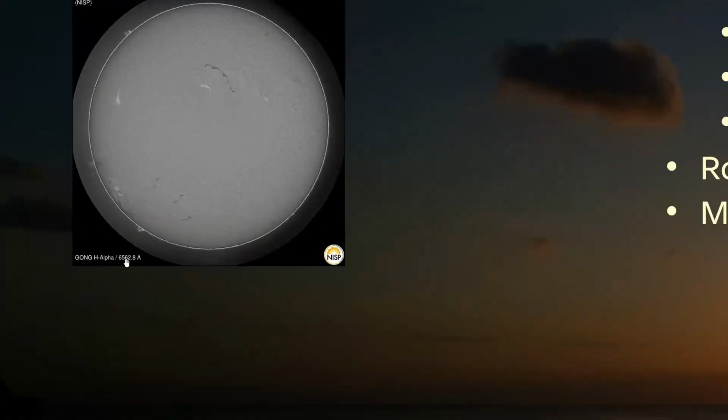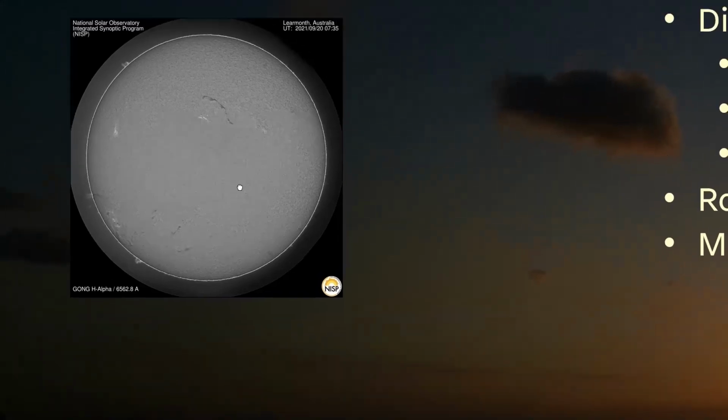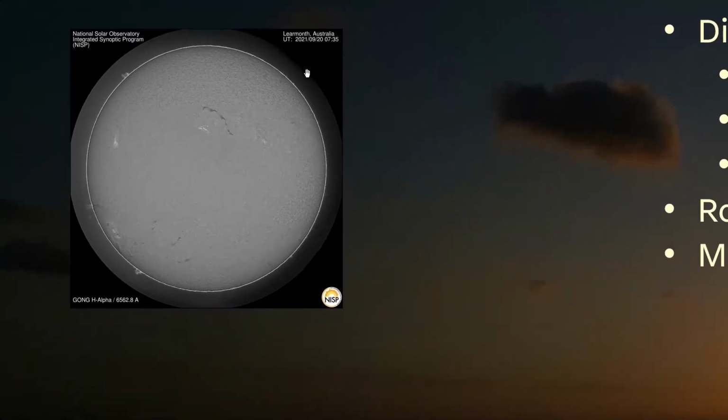So that's 6,562 angstroms or 656.28 nanometers. This was obtained from the Learmonth Observatory in Australia yesterday at 7 UT. So this is about 7 UT plus 8.